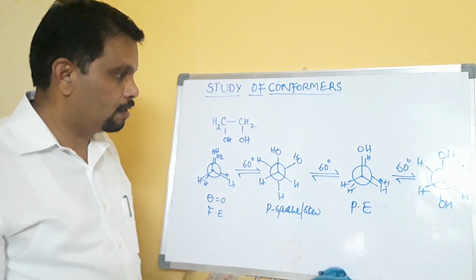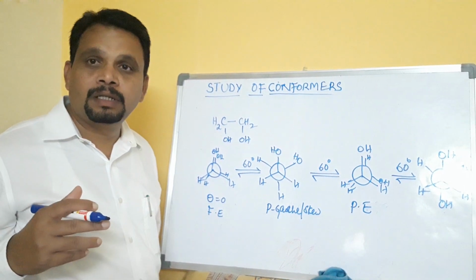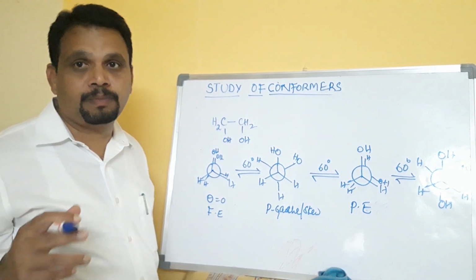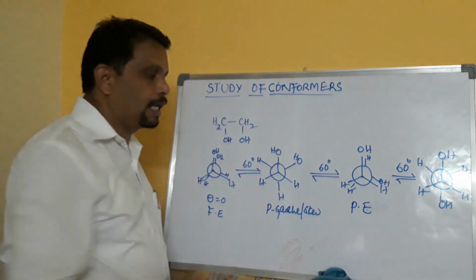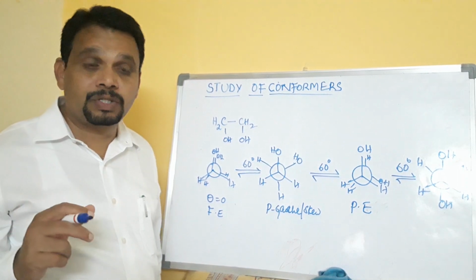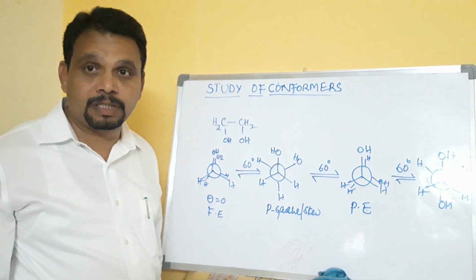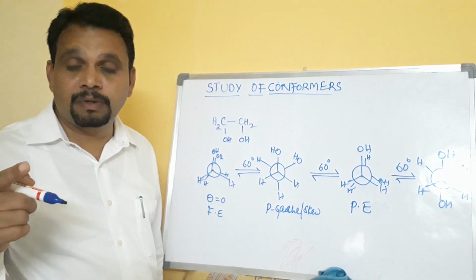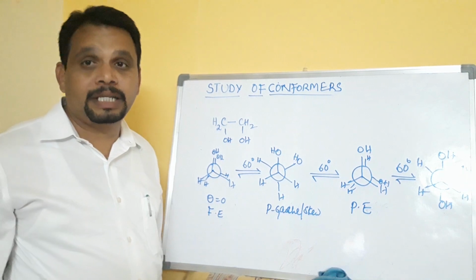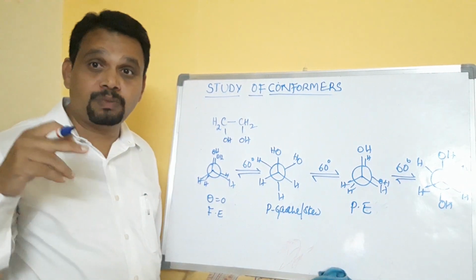So the first step, we wrote the possible conformers for ethylene glycol. The next step is what are the factors which can influence the stability of those conformers, and which is more stable and less energetic, and which is less stable and more energetic.